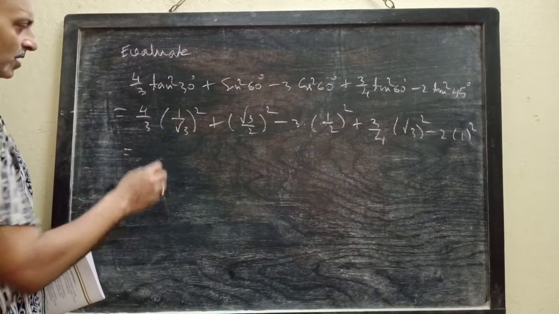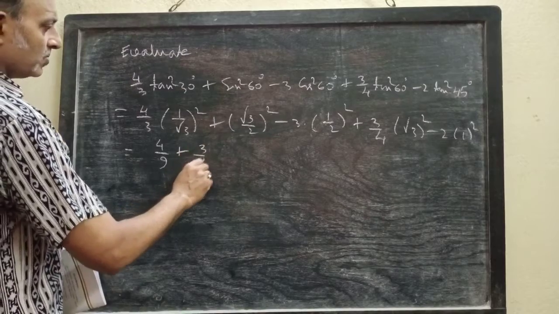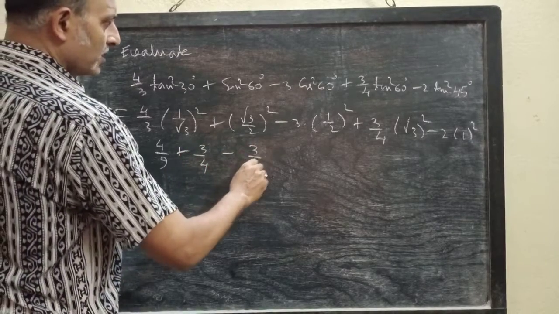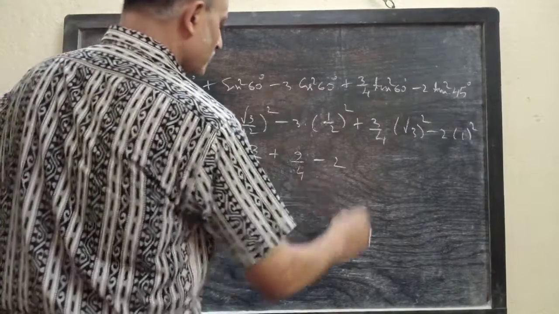Now 1 by root 3 square is 1 by 3 into 4 by 3. So this becomes 4 by 9. This becomes 3 by 4 minus 3 by 4 plus 3 into 9 by 4 minus 2.